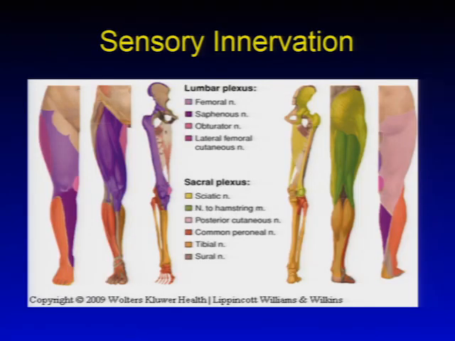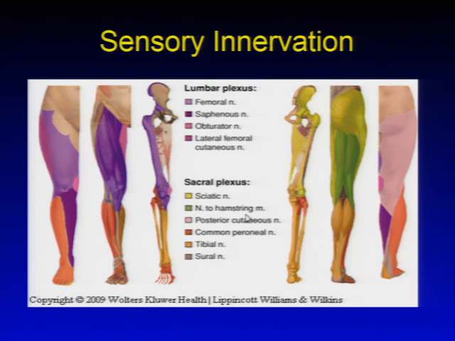This image provides further visualization of the innervation of each of these nerves, with the femoral nerve providing sensation to the anterior thigh, the lateral femoral cutaneous to the lateral thigh, the obturator to the inner thigh, and the saphenous, which is a branch of the femoral nerve, providing sensation to the medial portion of the leg, and the sciatic nerve providing sensation to the leg, with the exception of the saphenous distribution.